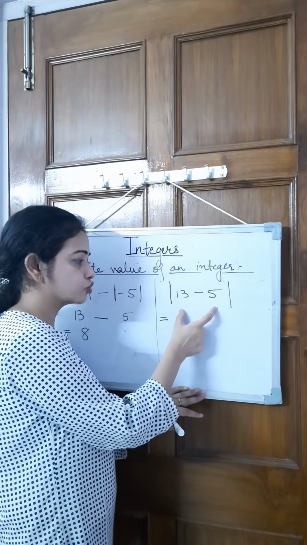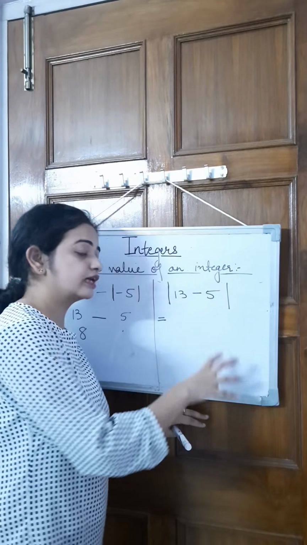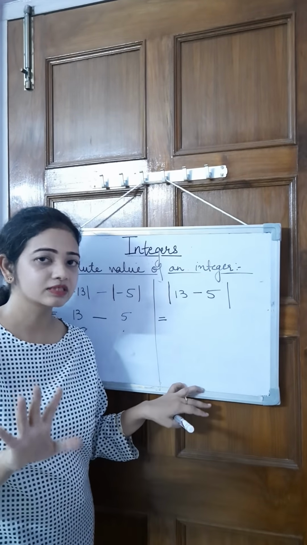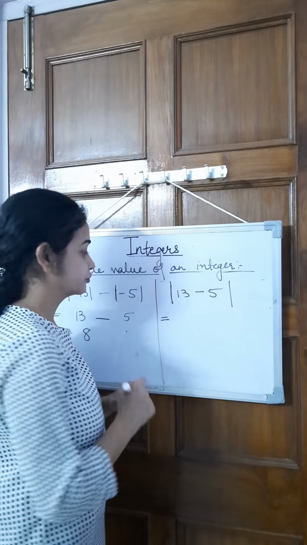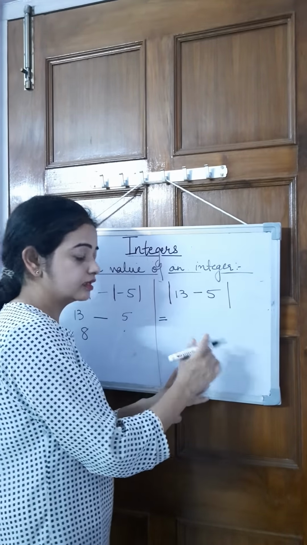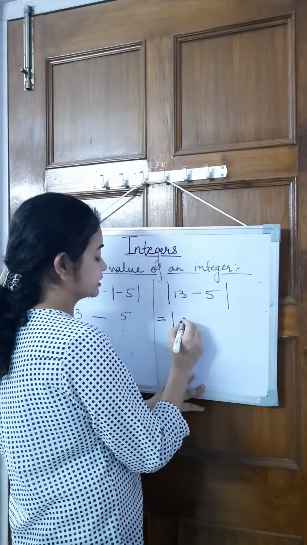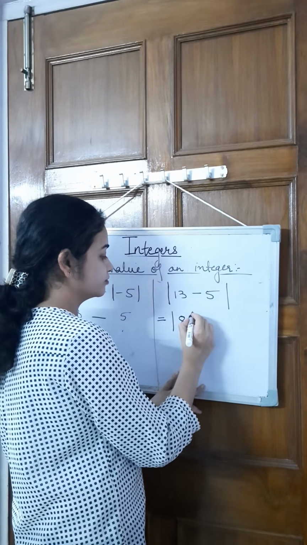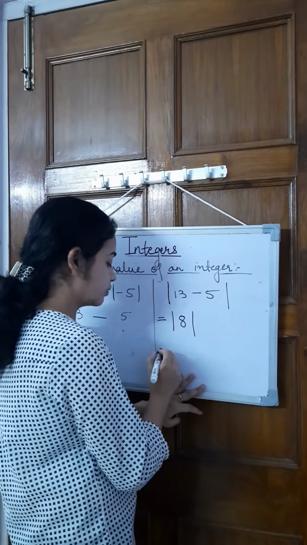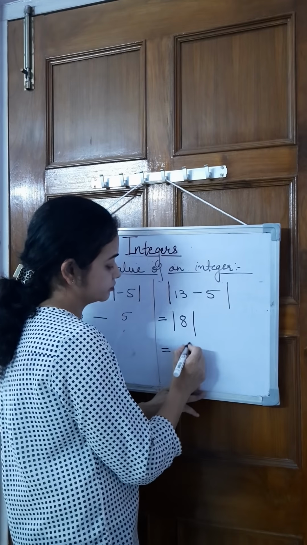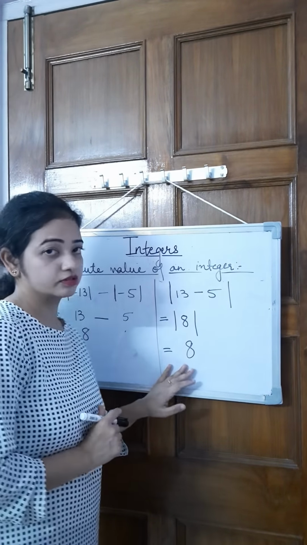It should turn into one number, and then only I can remove the absolute value sign. So 13 minus 5 is 8, so we will first solve it. We will write 8. Now I have only one number inside it, so I can bring it out of the absolute value sign and it will remain 8 as it is positive.